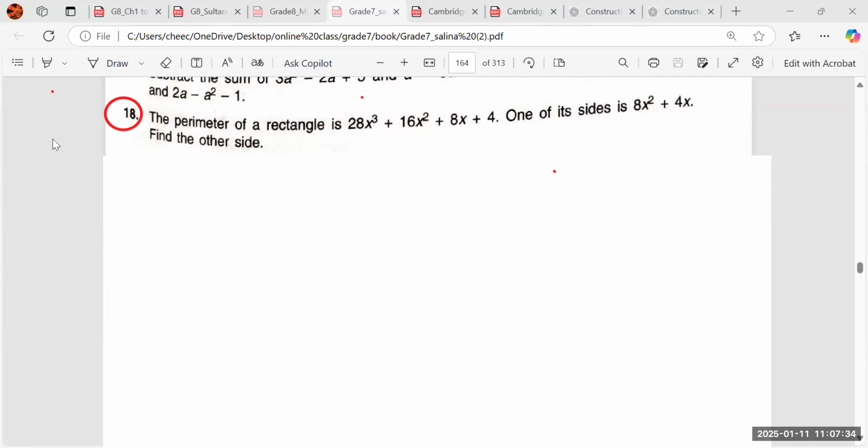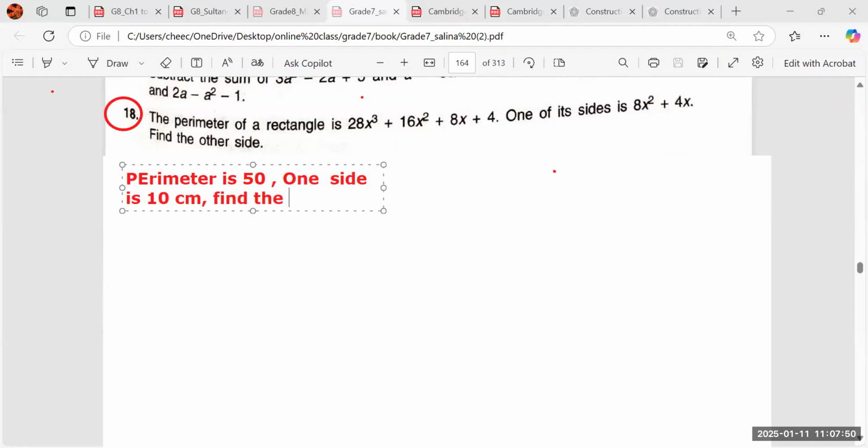So, Arav, suppose the perimeter is 50. One side is 10 centimeters. Find the other side.